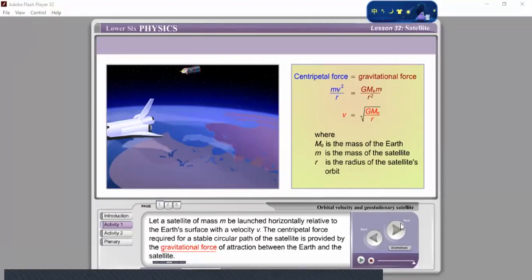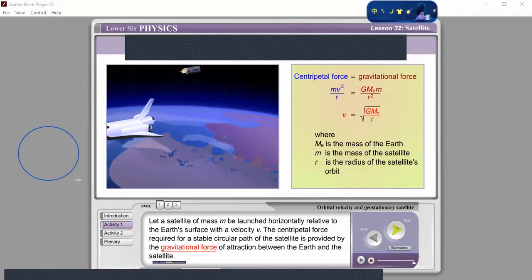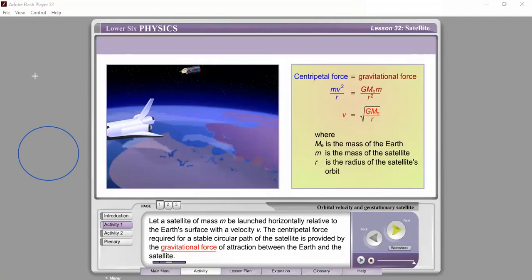So from here, we notice that, let's say this is the Earth and this is the satellite.